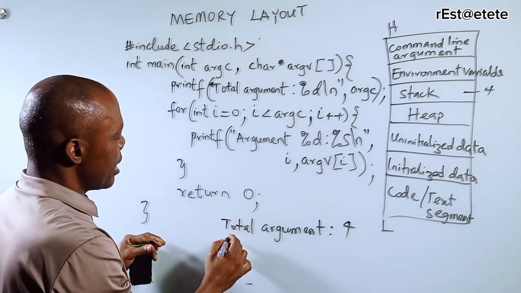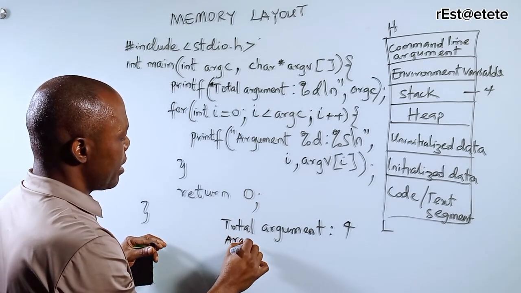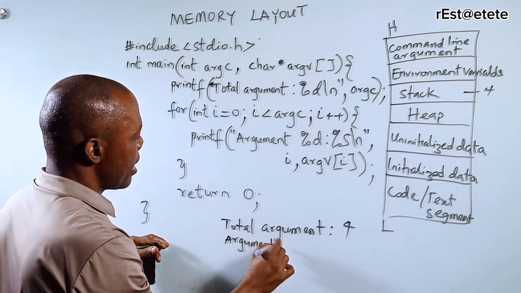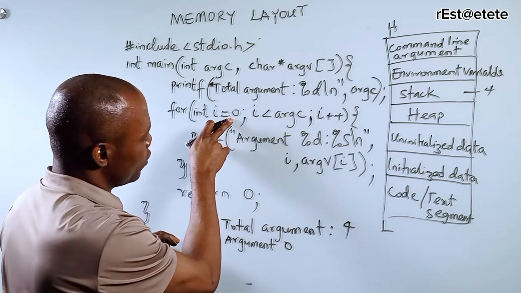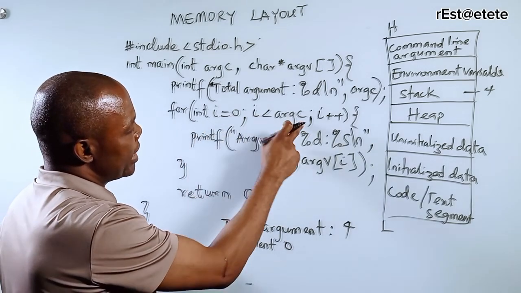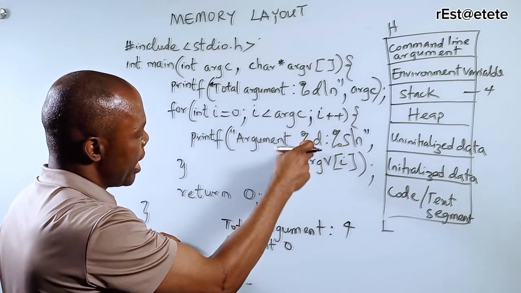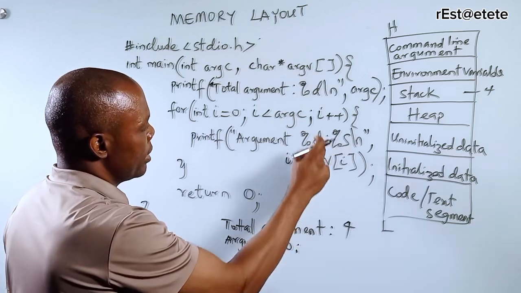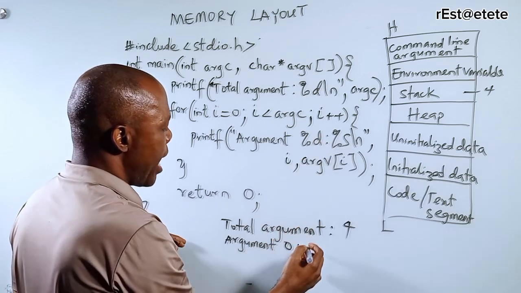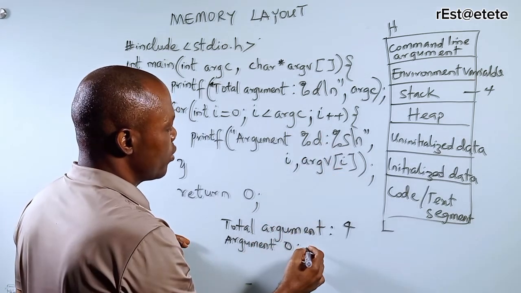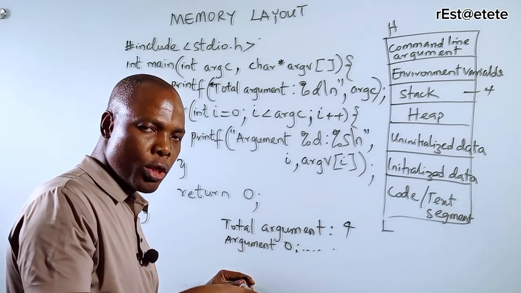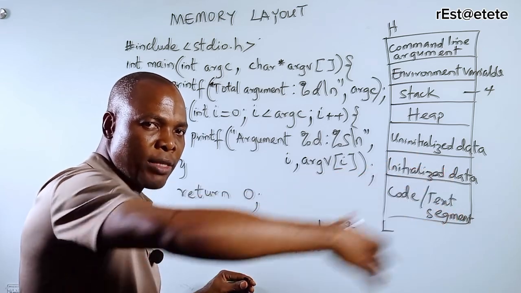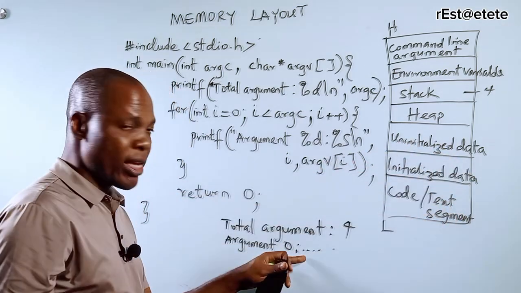It will print out argument 0, which is what? The first one, i equals 0. i less than 4, that is true. It will come in, argument 0. Then it will go to this argv 0, and it will print out the path where the file is stored. So it will print out the file name, the path to the file name. That is what it will print out as argument 0.